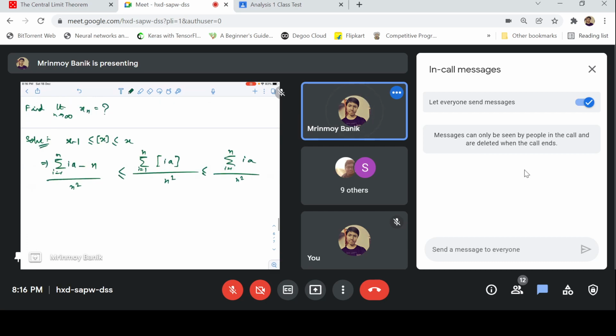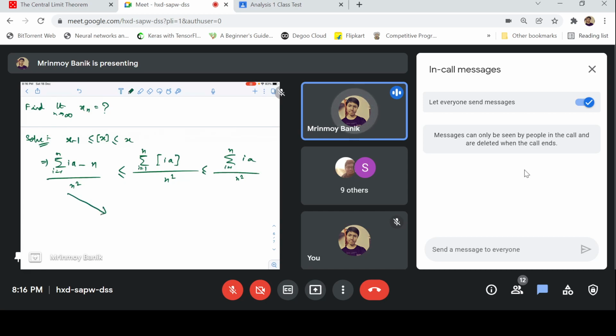So yeah, obviously this goes to the sum over i runs from 1 through n of a by n squared minus 1 by n. This goes to the same limit because, so what do we have? What is a?